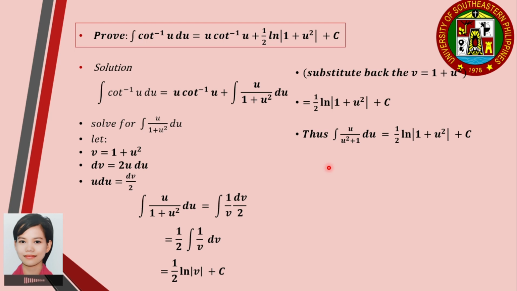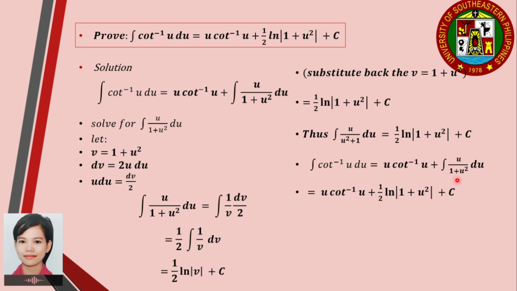So we can substitute na again the solved integrated function right here to this first one, no? So the integral of arc cotangent u du equals to the u arc cotangent u plus integral of u all over 1 plus u squared du, which is we already solved na. So substitute it natin.